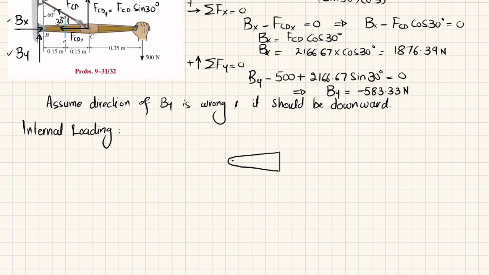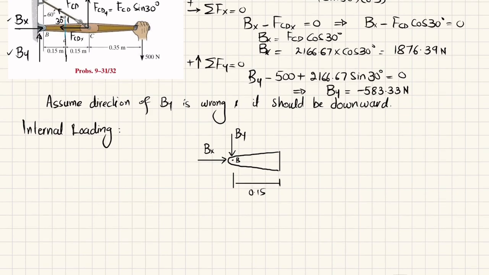So this is point B. We have Bx in this direction, clear, and By is in the downward direction, because we have found out that it should be downward. And the distance from point B to section AA is 0.15. You can see over here this distance is 0.15.